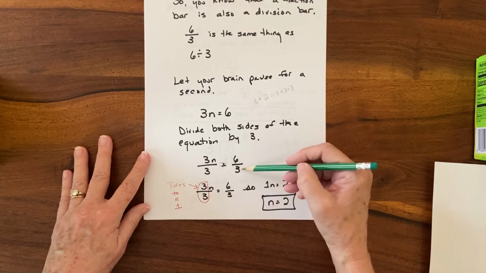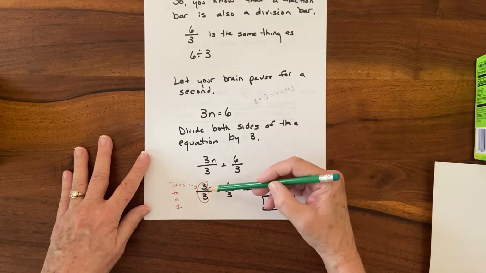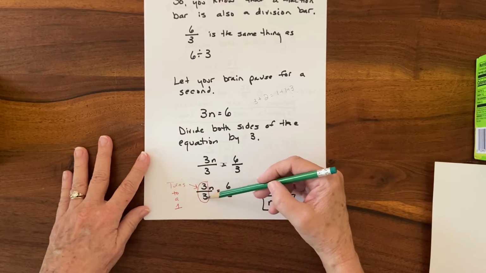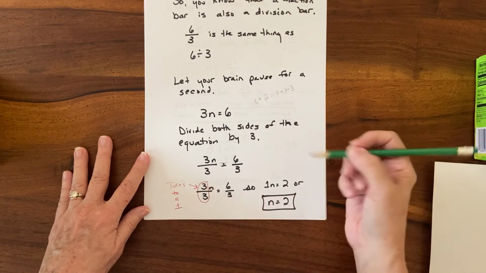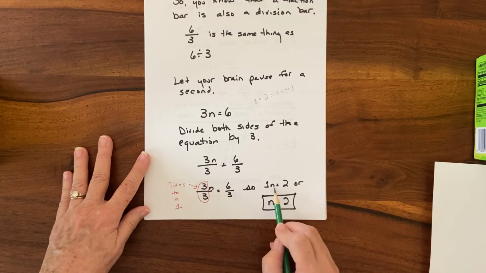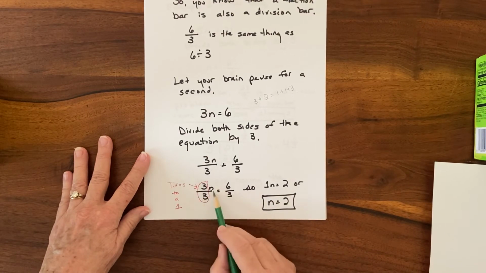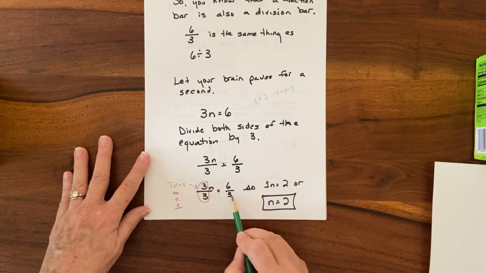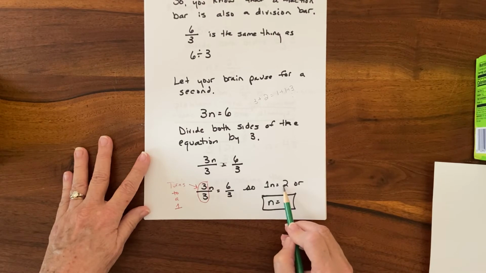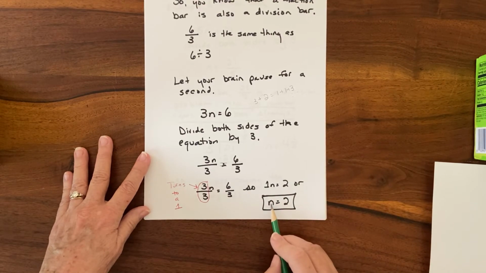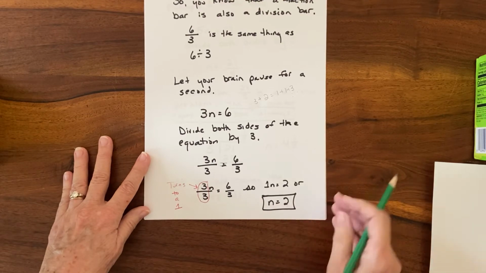Okay, so I divided both sides by 3. And remember, that turns into a 1, right? So now I have 1n from this, and 6 divided by 3 is 2. So I have 1n equals 2, or just plain n equals 2, and I have my answer.